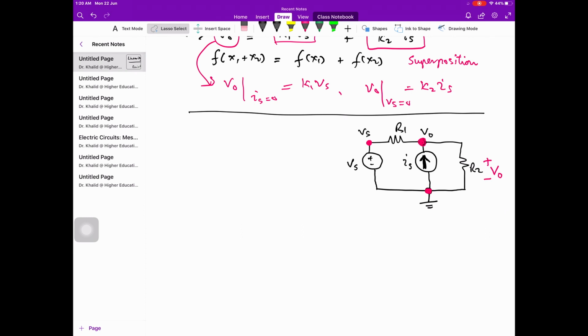Now, in order to see what the output voltage is when Is is equal to 0. When Is is equal to 0, it means that we remove this current source.